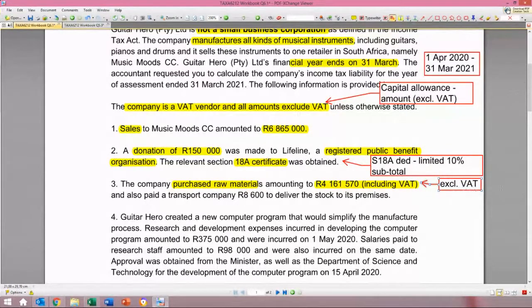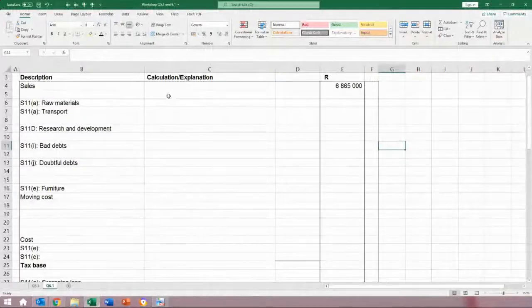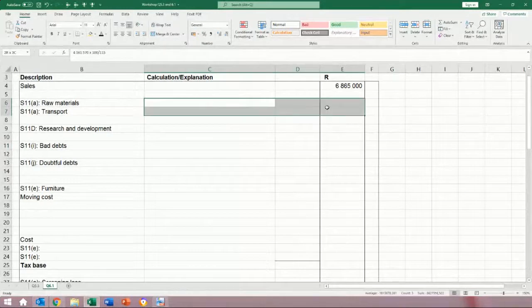VAT is seen as a tax. And then we've also paid transport cost of 8,600 to deliver that item. So I will also be able to claim the transportation cost. We said any cost incurred in bringing the materials to its location or condition for sale would also be deductible. So you would show these two separately when you do your calculations.